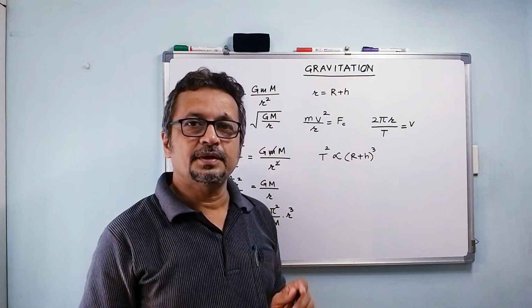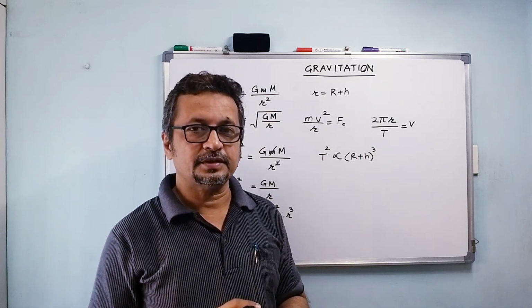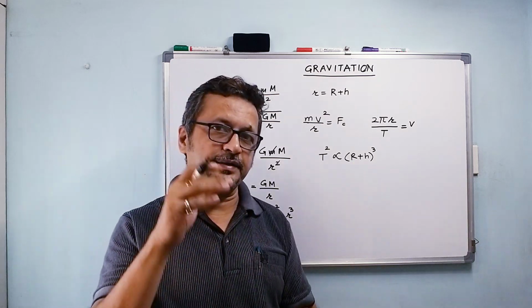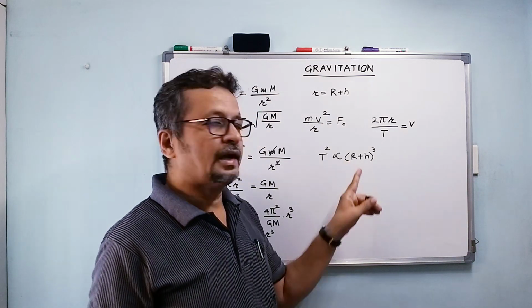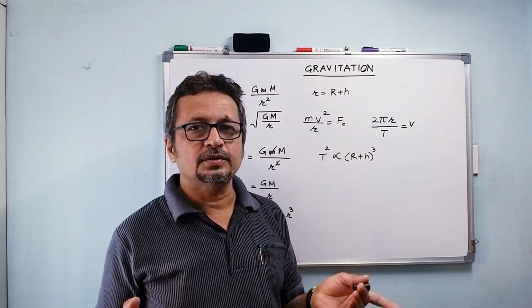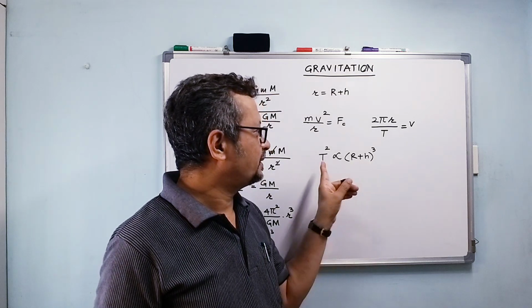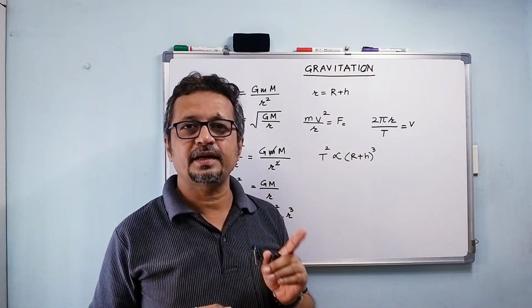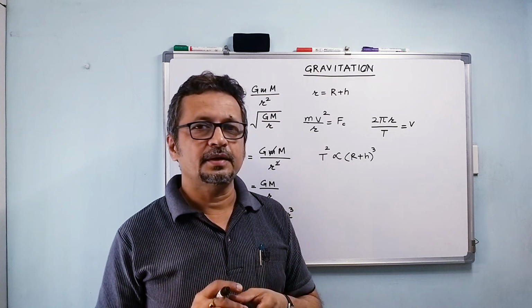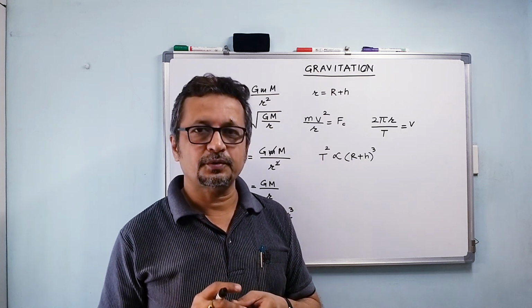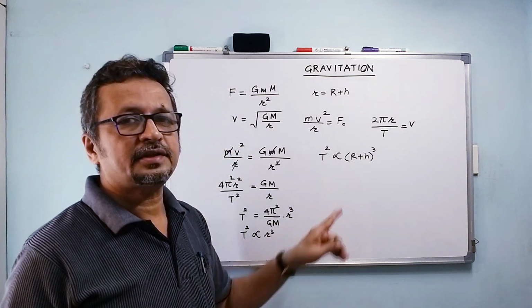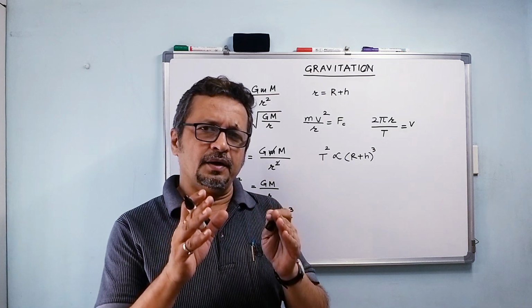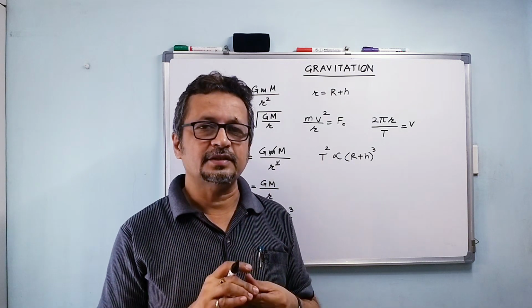That means my period of rotation will depend on the height. Again, my capital R, the radius of earth, is constant. So as my h varies, my t varies. Greater the h, greater will be the period of rotation. This is one important result, and we would find this in Kepler's laws as well.